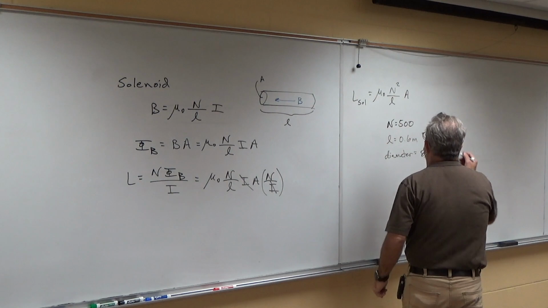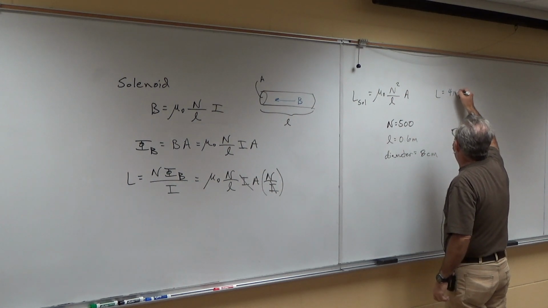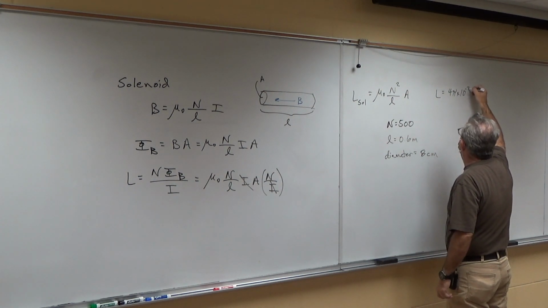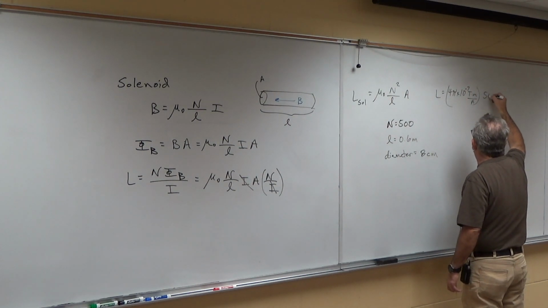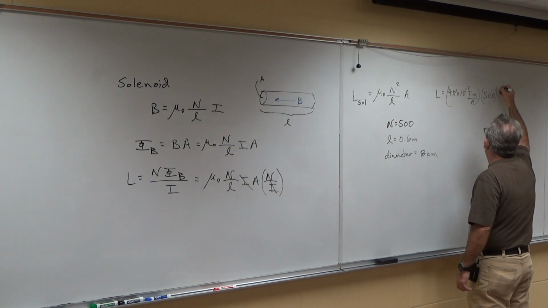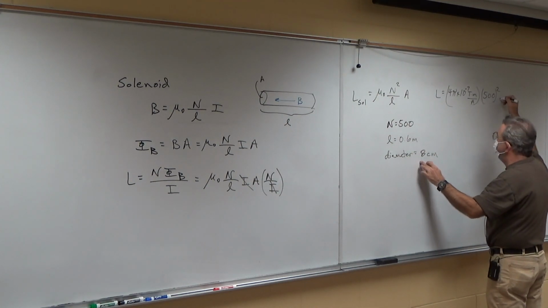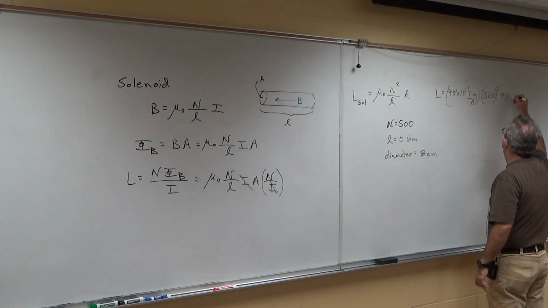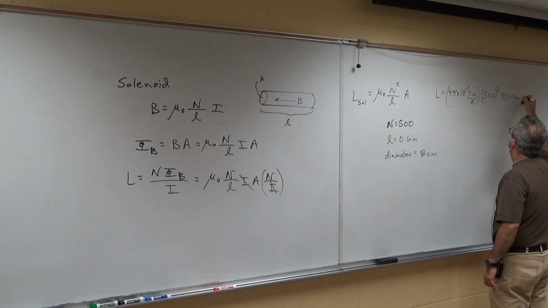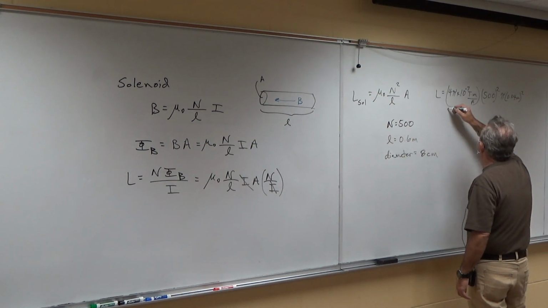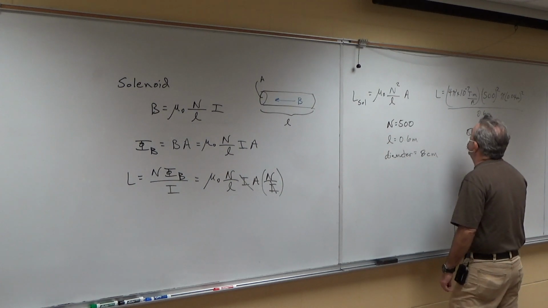Okay, so let's calculate. The inductance is equal to mu naught, 4 pi times 10 to the negative 7 tesla meter per amp, times 500 squared, that's the total number of turns, times the area, that's pi times the radius squared, 0.04 meters squared, divided by the length, 0.6 meters.